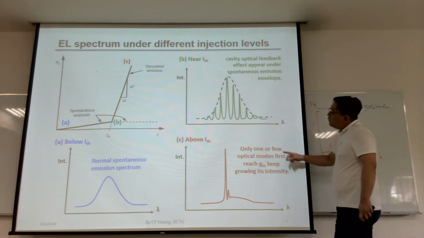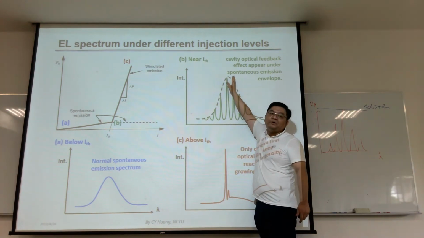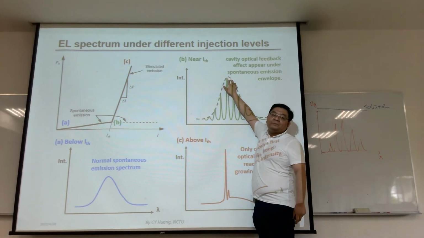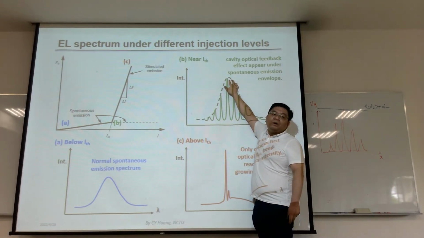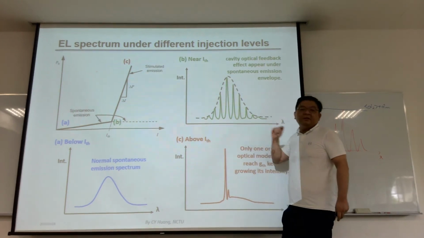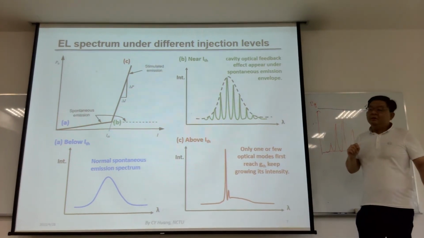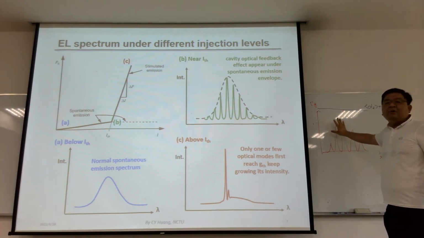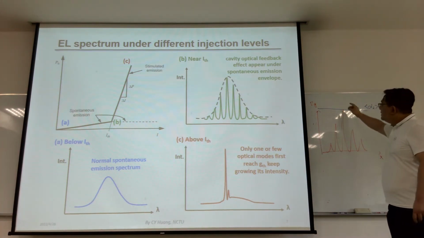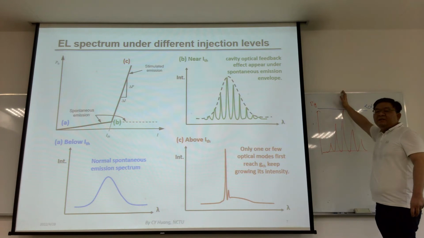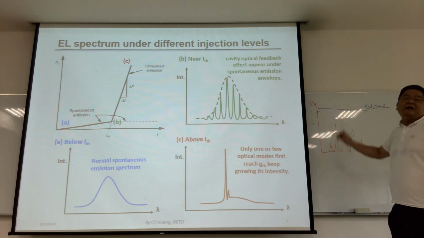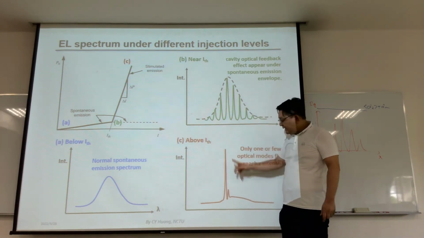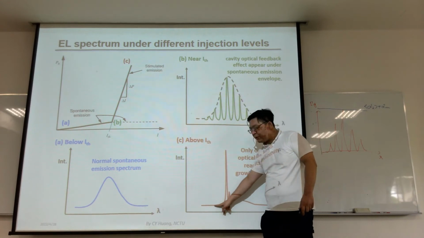So after lasing, only the one or two, because the modes are so close, probably you will get 2 or 3. Anyway, only a very small region of the wavelengths will keep increasing with your injection current, and the rest of them will be kept at the same level or even suppressed, because the dominant lasing mode eats all the carriers from other wavelengths.